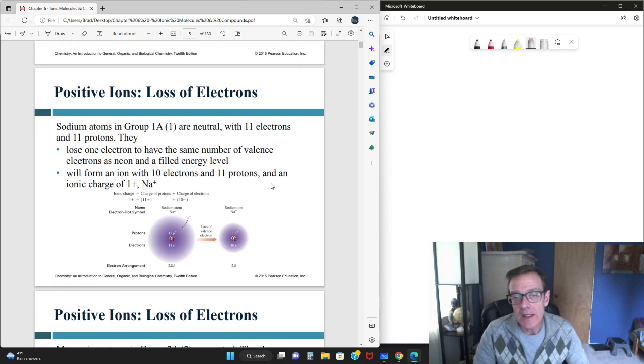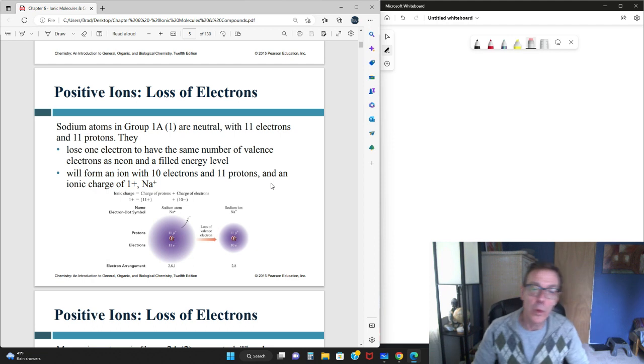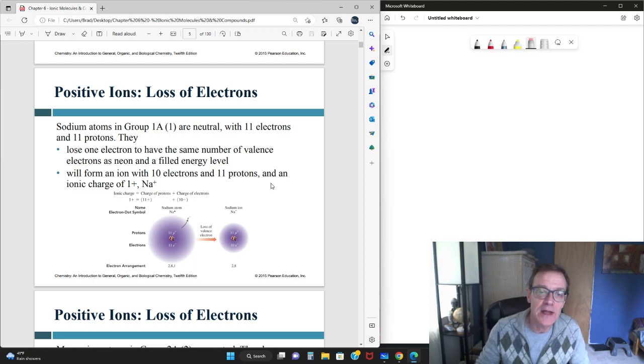If something is neutral, here we have a sodium, which in its neutral state has 11 protons and 11 electrons balancing each other out. Sodium, as you can see, is in group 1A. It has 1 valence electron.